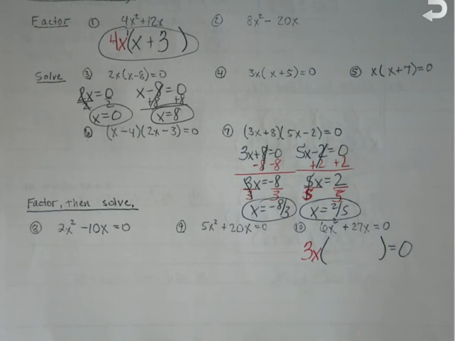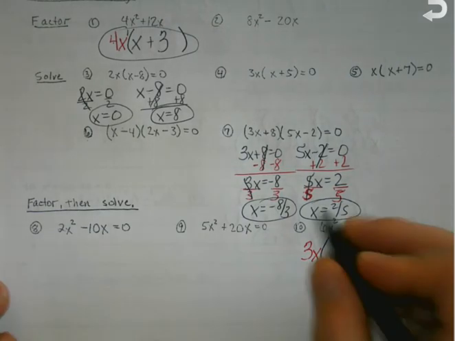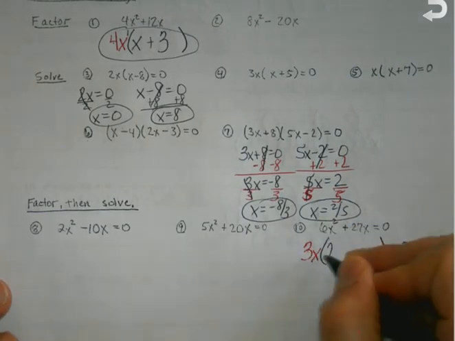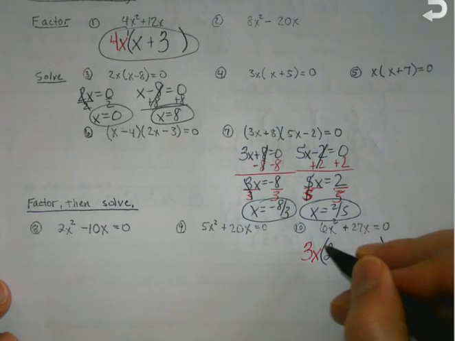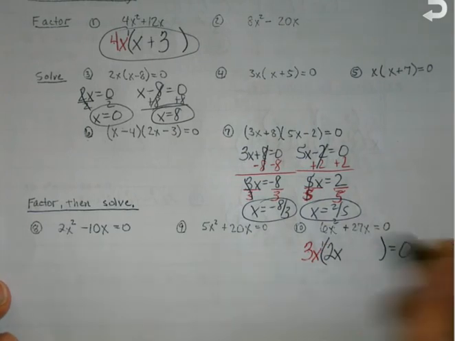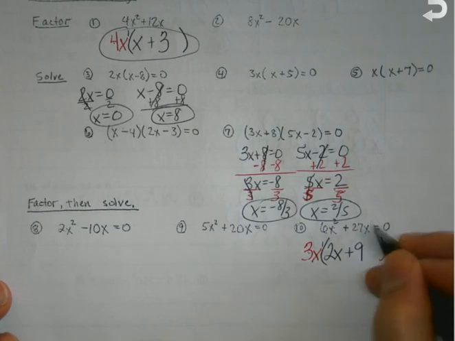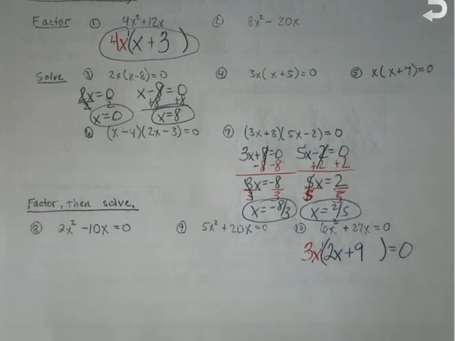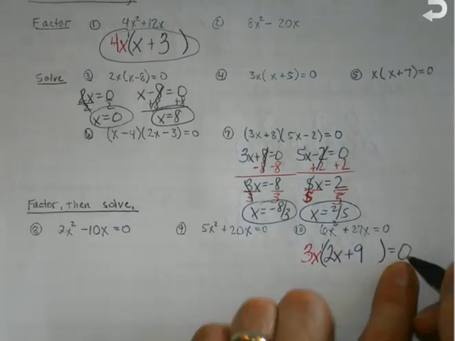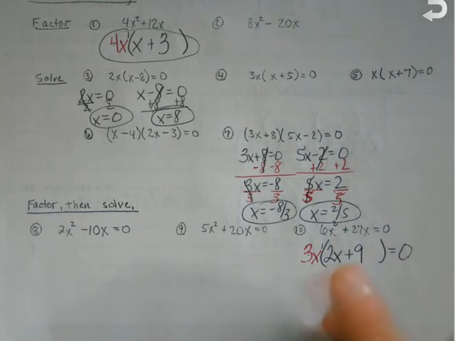So at this point I go, okay, 3 times what gets me to 6? That'd be 2. x times what gets to x squared? Well, that'd be x, because 1 plus 1 is 2. 3 times 9 gets me to 27, and I already have the x. So I've done the factoring part like we did up here in the first step, but since the equal 0 is here, whoa.